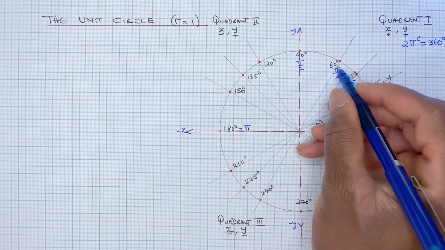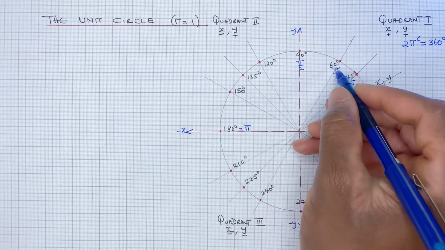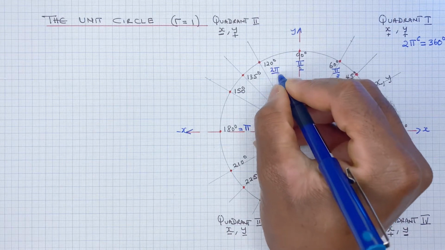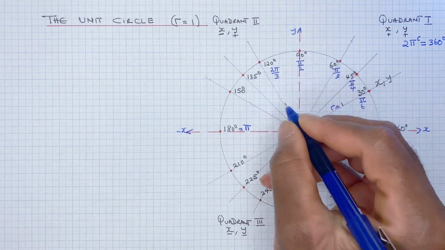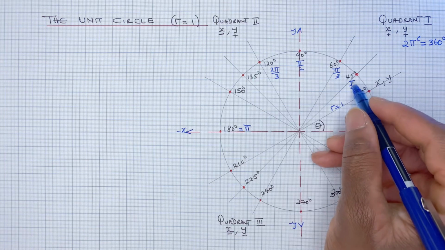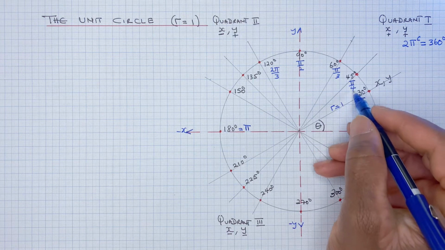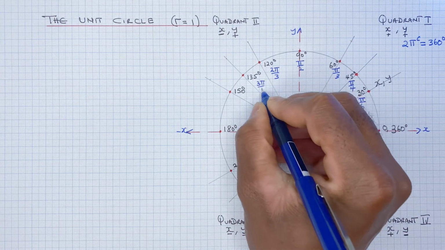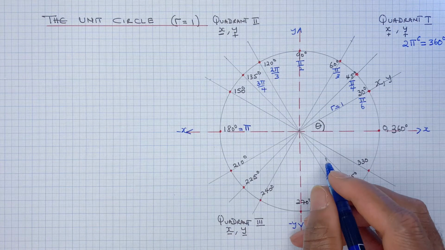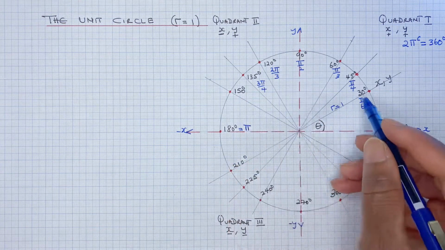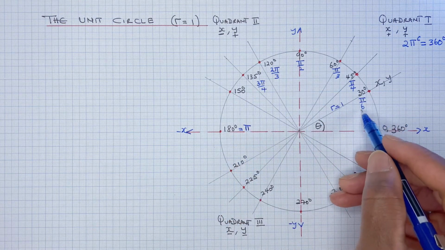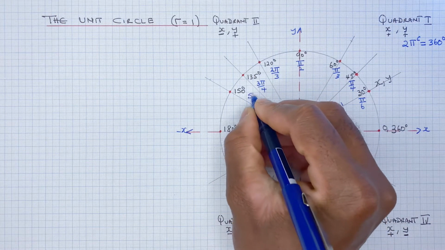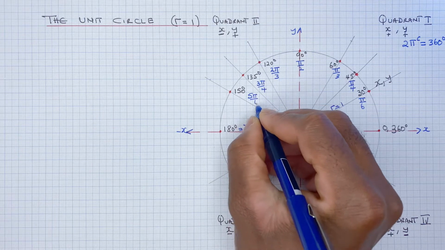Well, if 60 is pi over 3, times 60 by 2, you get 120. So that would be 2 pi over 3. If 45 is pi over 4, times it by 3, you get 3 pi over 4. If 30 is pi over 6, times it by 5, you get 150, so 5 pi over 6.